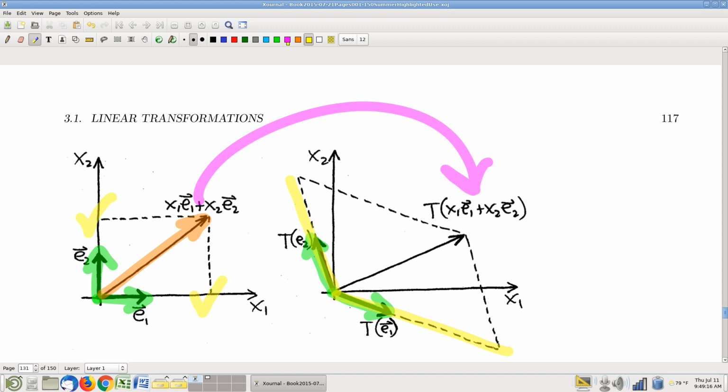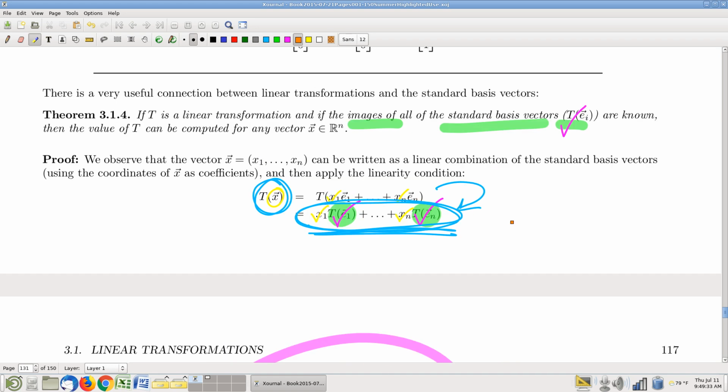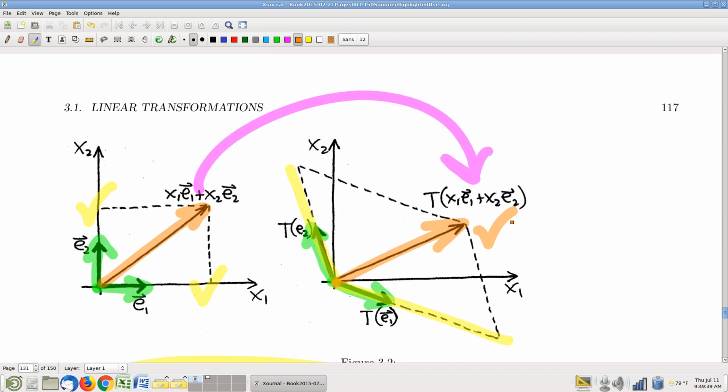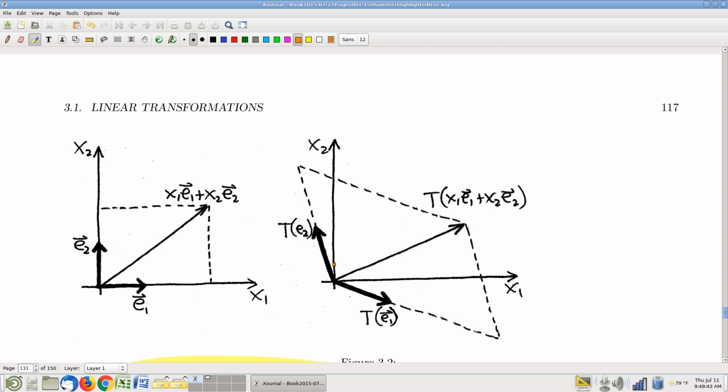And then just by taking the appropriate linear combination, using linearity, I get that output. So again, it's a slightly different context, but it's morally the same idea. Another way to say this is that this fact and this proof are just restatements of linearity.